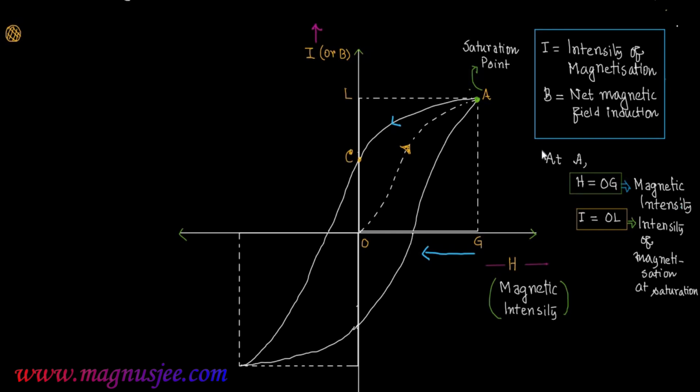If H is decreased, I decreases along the curve AC. At the point C, H is equal to 0, but I has the value OC.